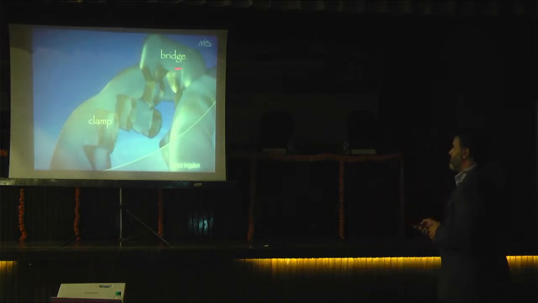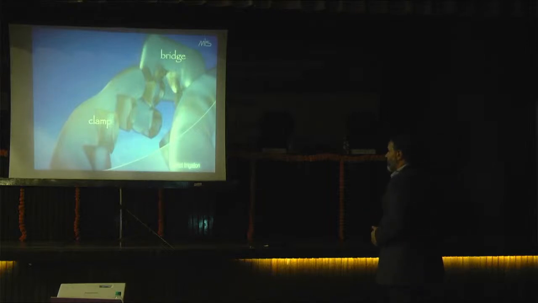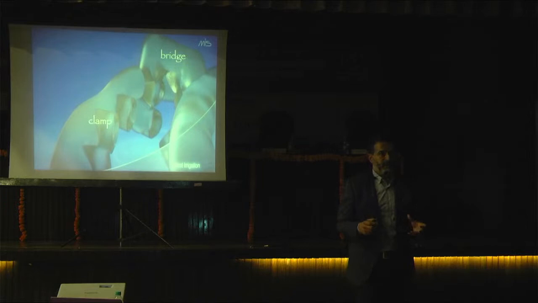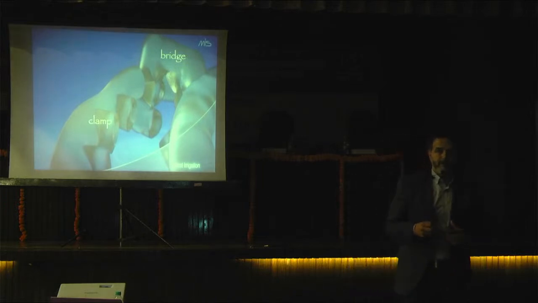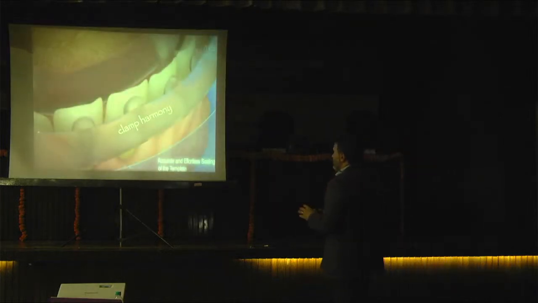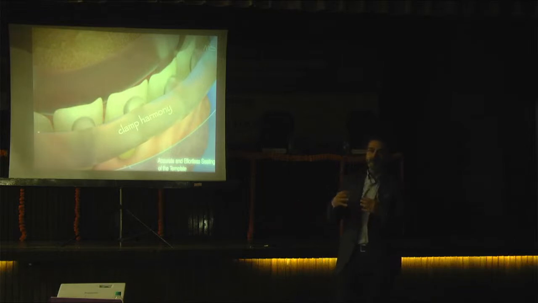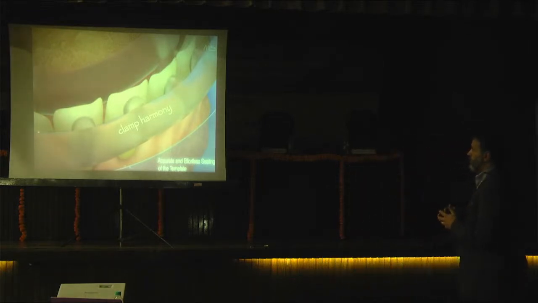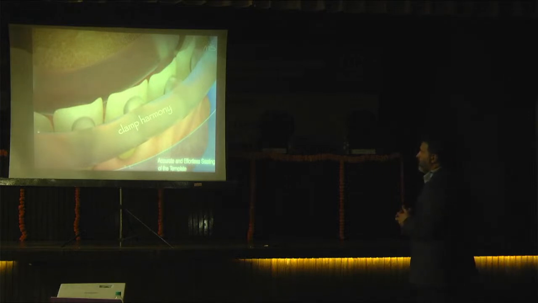And the bridge is combining the two parts. This way, we have the open view, and we have the chance to make the anesthesia when needed and make the irrigation all the time. And when we place the guide on top of the surface, we have to see the clamp harmony. It must touch the surface entirely.